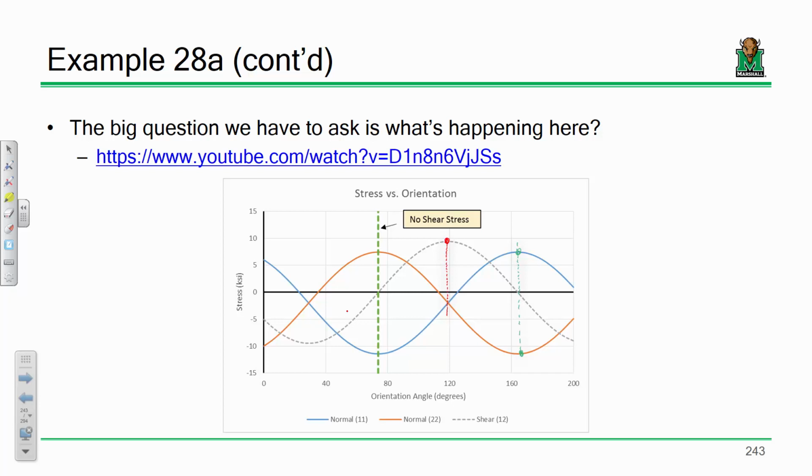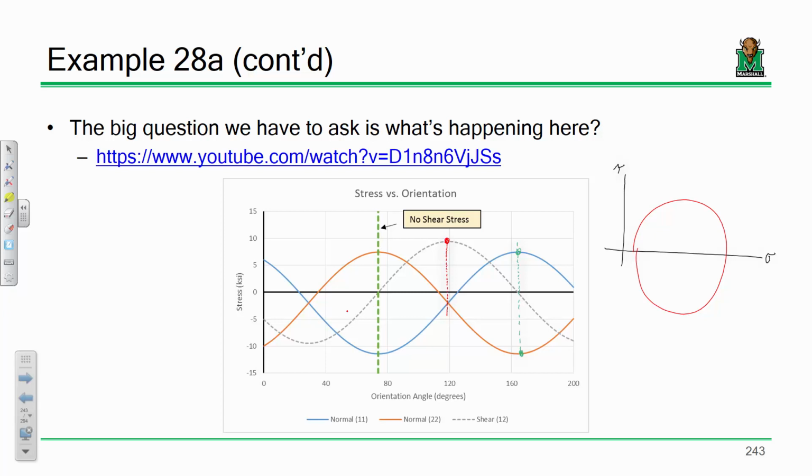There is a way that we are going to express this graphically, okay? Later, we're going to graph normal stresses on this axis and shear stresses, tau, on this axis. And what we're going to find is that plot kind of looks like a circle. There's a name for that circle, and we call it Mohr's circle, okay?